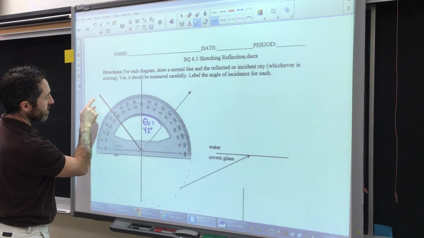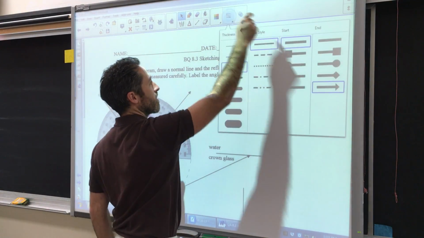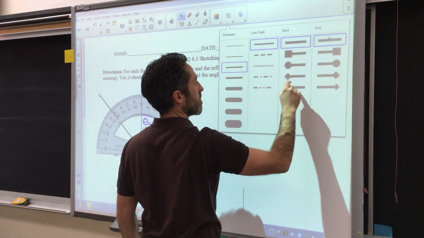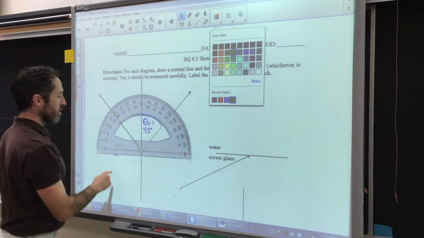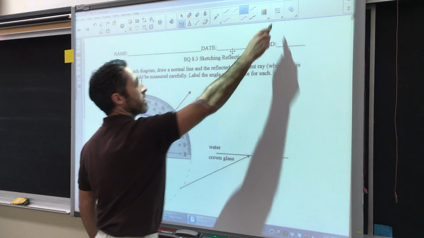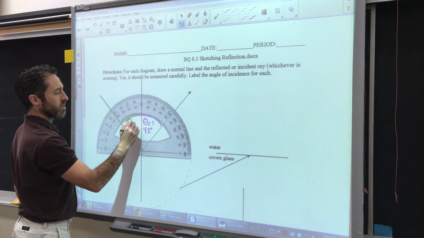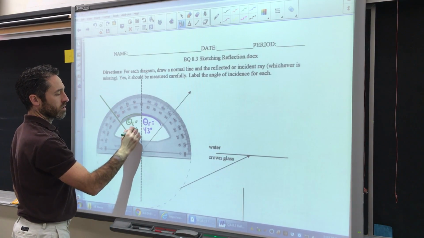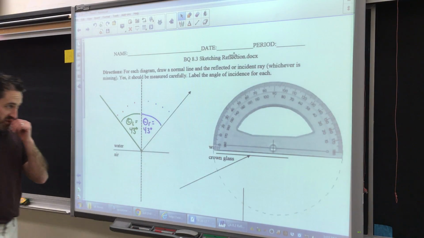Now, before you get excited, I know my arrowhead's on the wrong side. I'm going to fix that. And we'll make this green. Here is our incident ray. And that incident ray comes in, angle of incidence, 43 degrees. Okay. There is the reflection.